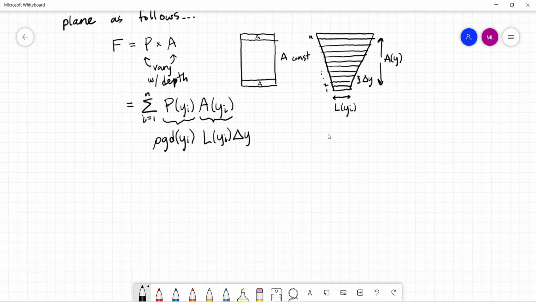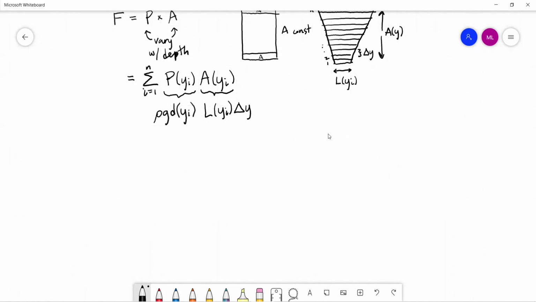So if we put these together and pull out the constants, the things that are constants are the rho and the g. We're assuming the fluid we're using has a constant density, which is a fairly good approximation. And most times we're assuming g is our gravitational constant.